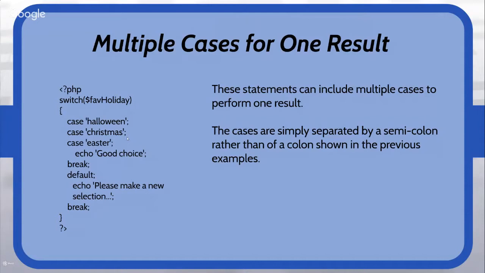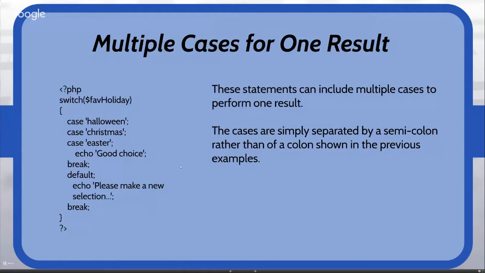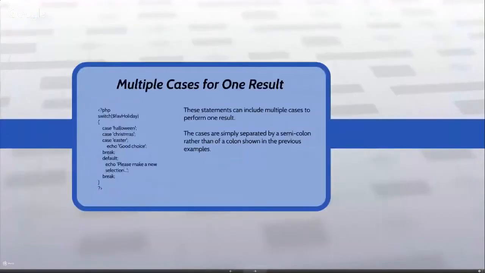If it's neither Halloween, Christmas, or Easter, it will default, echoing please make a new selection. In this case, the colons are replaced with semicolons. And then you're able to go ahead and execute a fluid switch control statement this way. And just another way of how you can use a switch control statement.